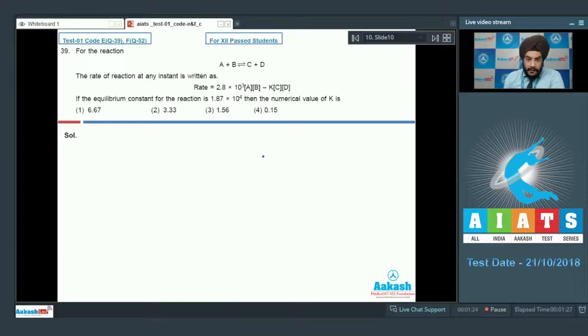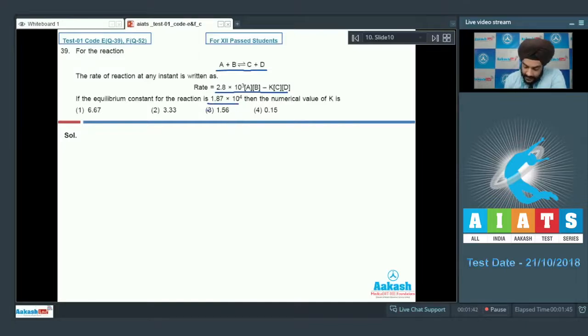Question number 39. For the reaction A plus B in equilibrium with C plus D, the rate of reaction at any instant is written as this. If the equilibrium constant for the reaction is 1.87 into 10 to the power 4, then the numerical value of K is.